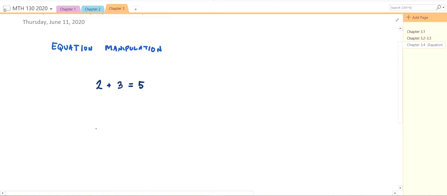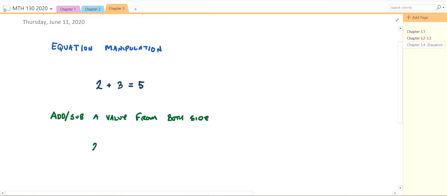So if we have 2 plus 3 equals 5, whenever we have an equation, we can add or subtract a value from both sides, and it won't invalidate our equation.